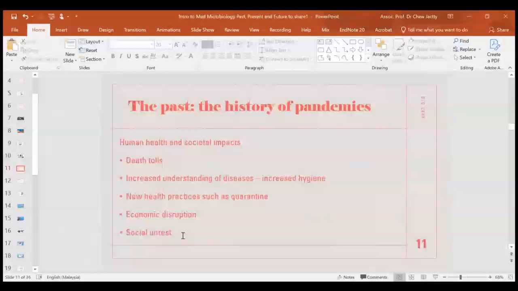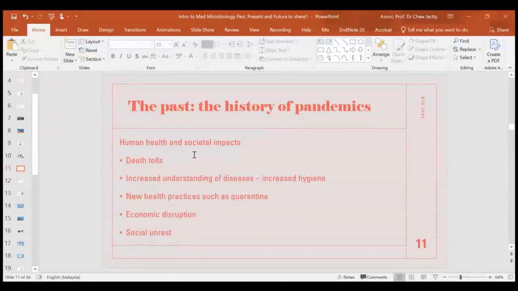Next slide. So in terms of the impact, as I mentioned, not just the medical and health impact, we also look at mainly health and societal impacts: death tolls, increased understanding of disease, increased hygiene, washing of hands, and the use of the old concept of masks or barriers to prevent breathing in bad air, new health practices such as quarantine, economic disruption because the people who were infected weren't able to work during the period they were sick, or eventually death.